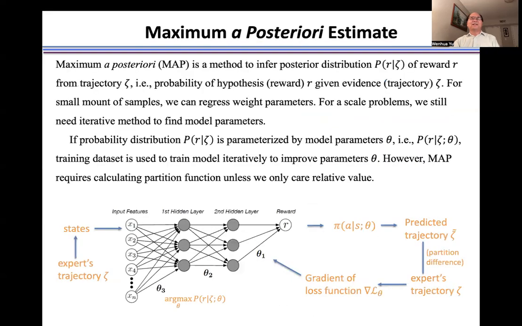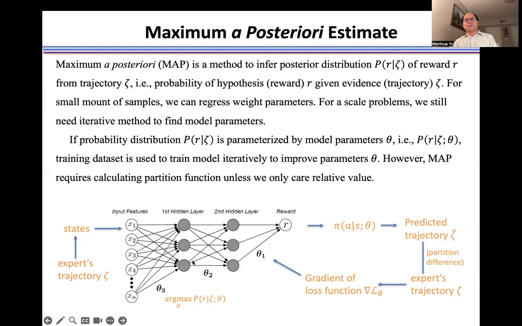For example, let's see how we can use the maximum posteriori estimate model in inverse reinforcement learning, to find the reward function from the expert trajectory. So you just pick a state from the expert trajectory as the input to the network.